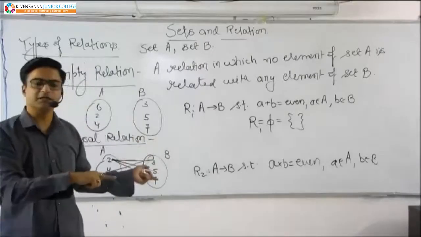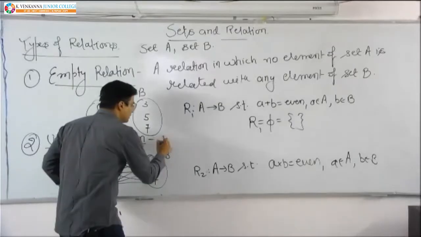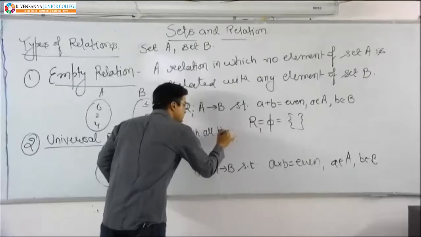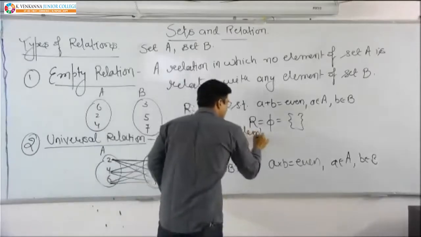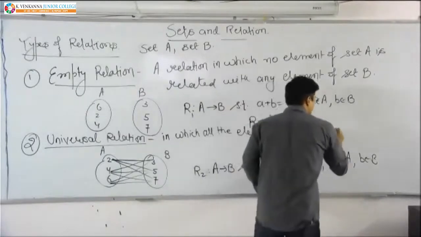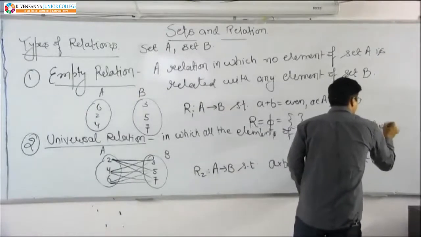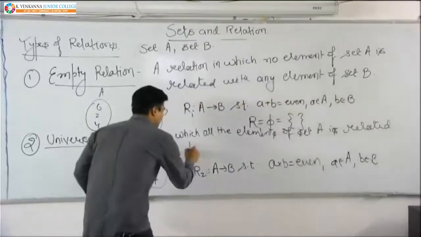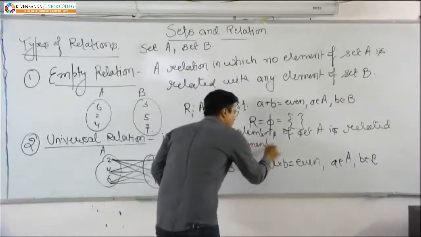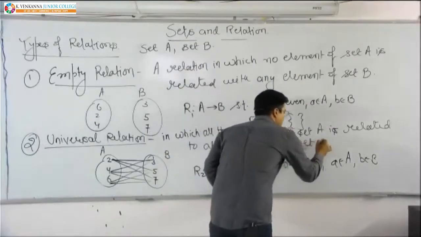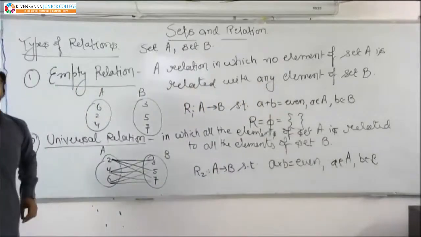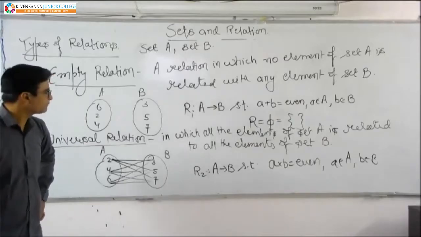So the universal relation is the relation in which all the elements of set A are related to all the elements of set B. Is it clear to everybody?